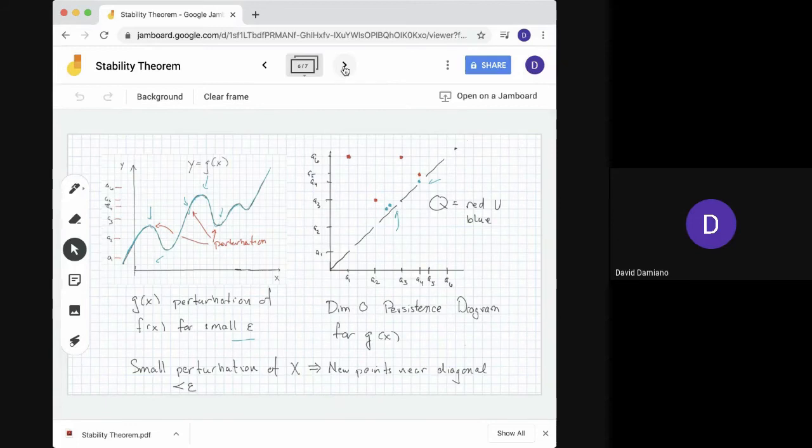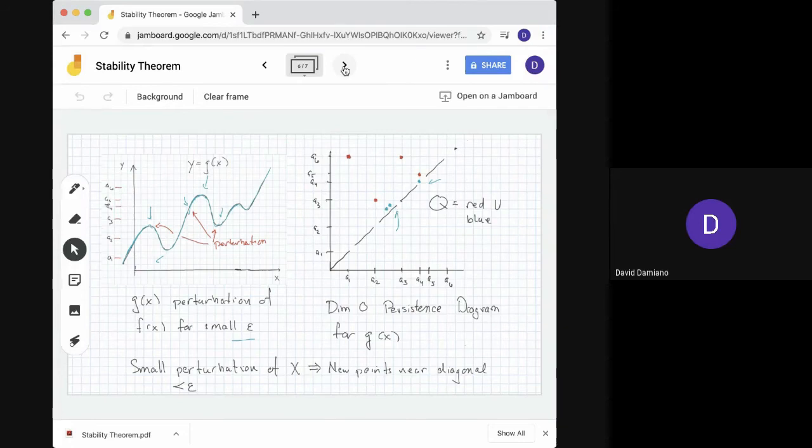So now let's consider P to be the original red persistence points and Q to be red and blue. So P in red, that's for f, Q in red and blue, that's for g. Now we want to look at the bottleneck distance between them. Since they have the 4 points in common in red, that contributes nothing to the calculation of the bottleneck distance. The pairing gives us 0 distance between them.